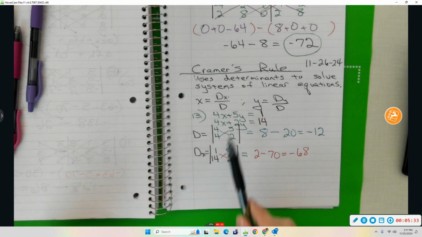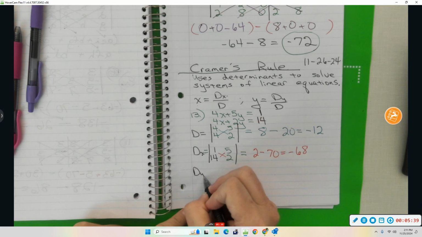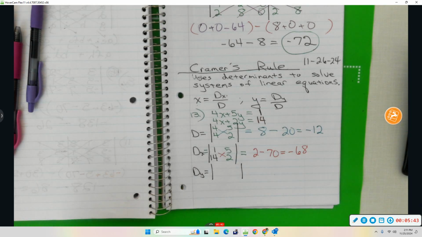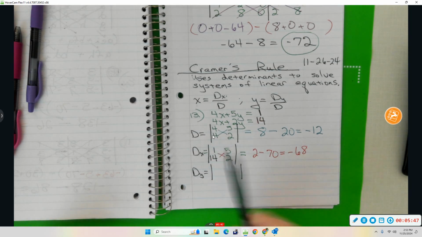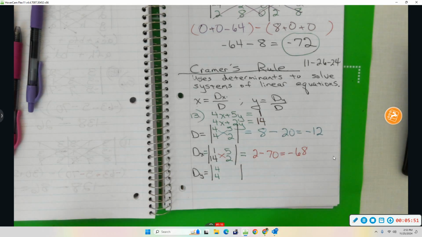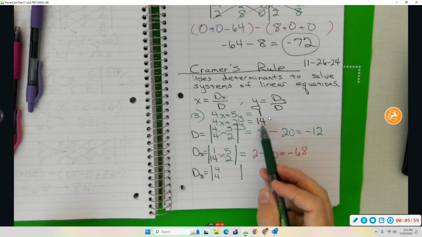And for every variable appearing in the system, he found a determinant. So now we find d sub y. D sub y is the determinant you get when you go back to d. The x column goes back to 4, 4. You're only replacing one column at a time. The column being replaced is the subscripted column. So the y column is now going to be replaced with 1, 14.